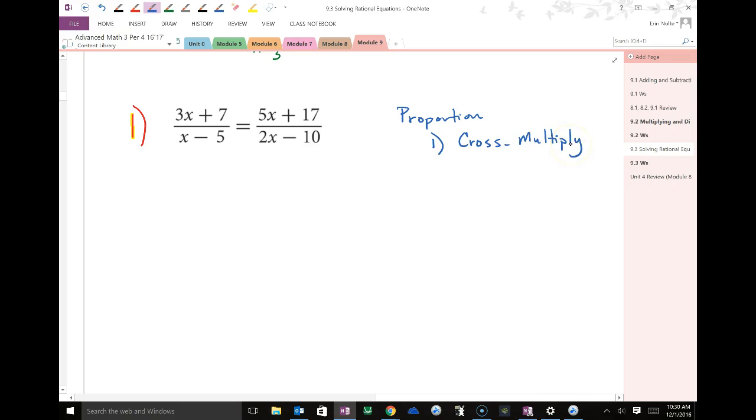So when I cross multiply, I'm going to have this 3x plus 7 being multiplied by this 2x minus 10. Okay, so I'm going to have quantities that are being multiplied by each other this time instead of just single numbers. And then I'm going to set that equal to the x minus 5 being multiplied by the 5x plus 17.